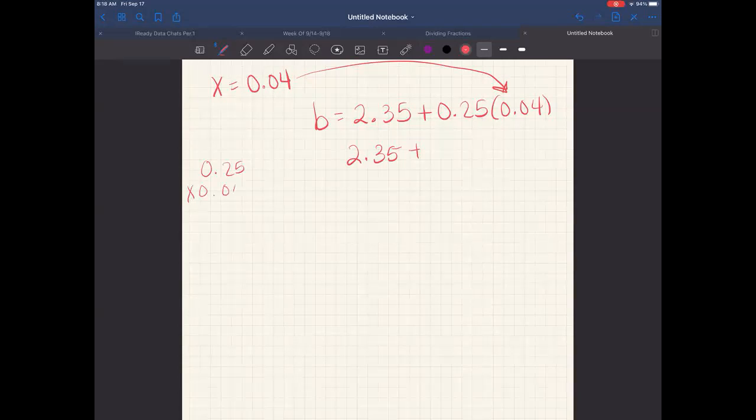Is it 1? Almost. Is it 0.1? No, almost. 5 times 4 is 20. 4 times 2 is 8. Plus 2 more is 10.